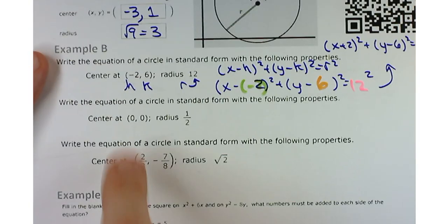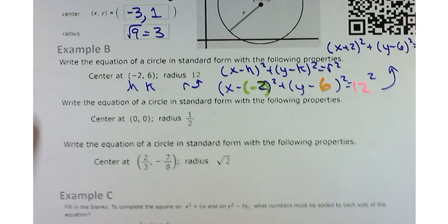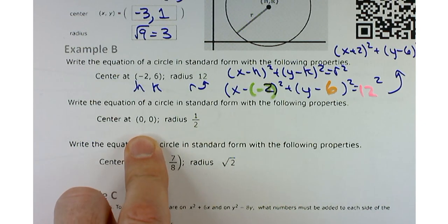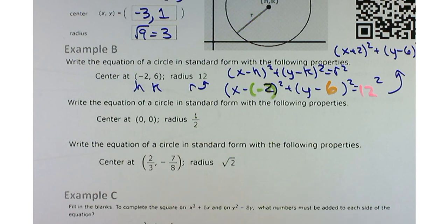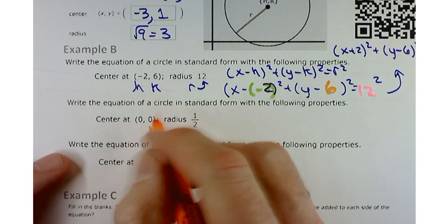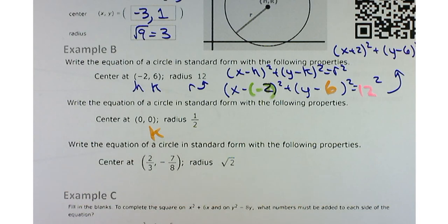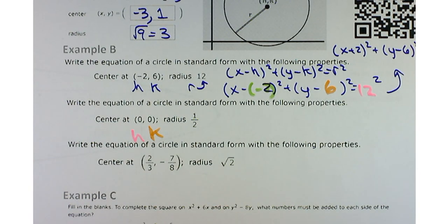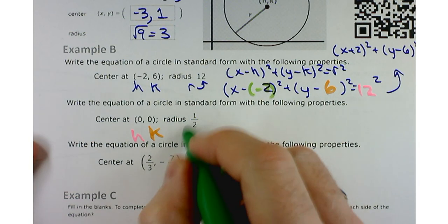Write the equation of a circle in standard form with the following properties. This time we got a center at 0, 0 and a radius of 1/2. So once again, you've got your h and your k, and then, of course, your radius.